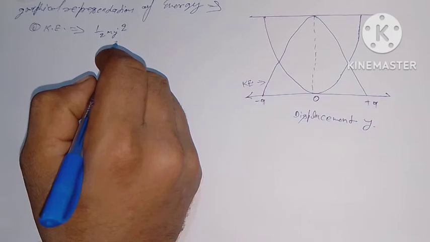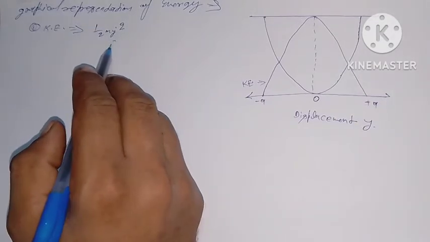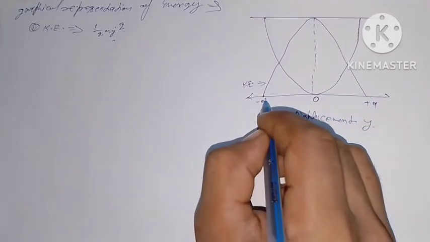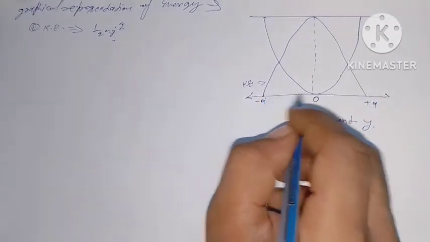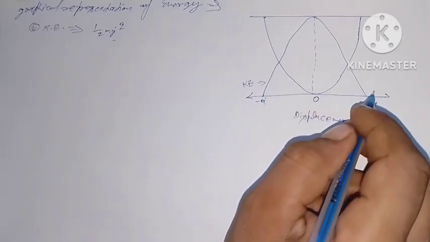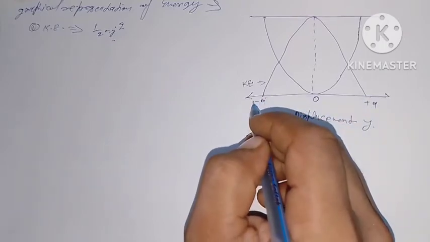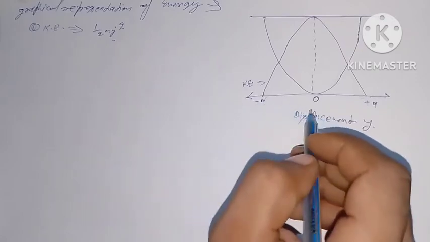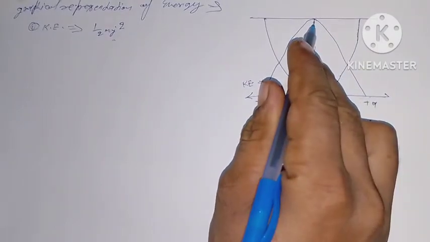The velocity, and hence the kinetic energy, is 0 at the extreme position y equal to plus minus a, and maximum at the mean position, y equal to 0.